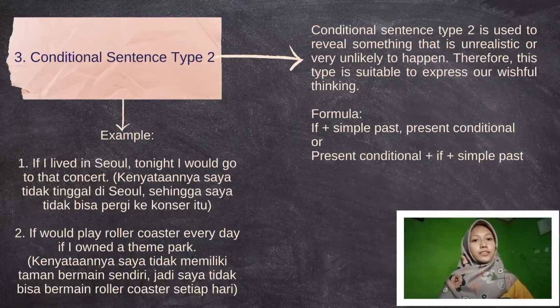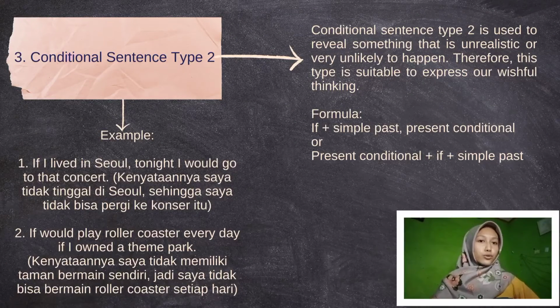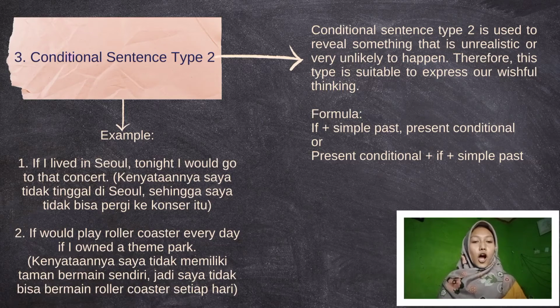The next type is conditional sentence type 2. This conditional sentence is used to reveal something that is unrealistic or very unlikely to happen, or it's impossible to happen. Therefore, this type is suitable to express our wishful thinking. And the formula, if plus simple past, present conditional, or present conditional plus if plus simple past.